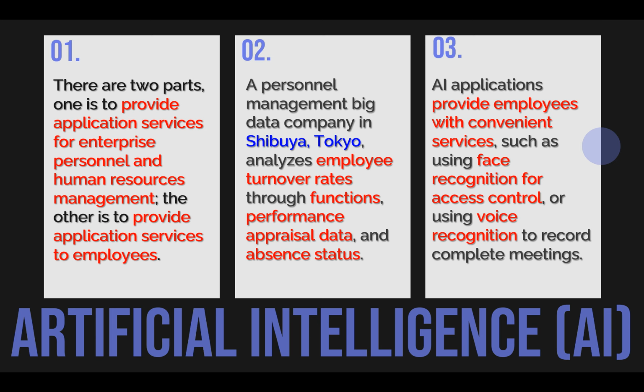Number 2, a personnel management big data company in Shibuya, Tokyo, analyzes employee turnover rates through functions, performance appraisal data, and absence status. And number 3, AI applications provide employees with convenient services such as using face recognition for access control or using voice recognition to record complete meetings.